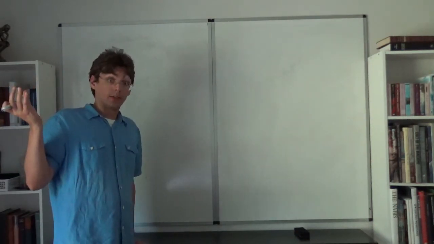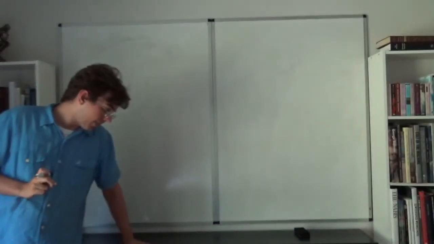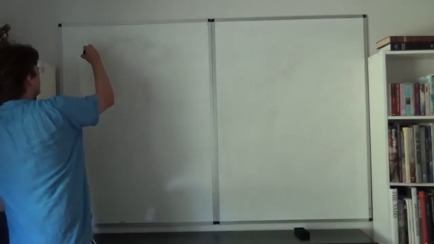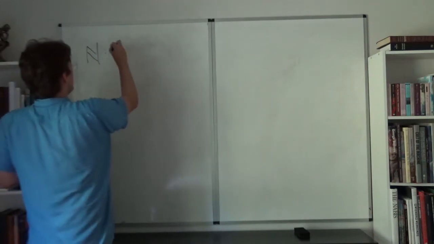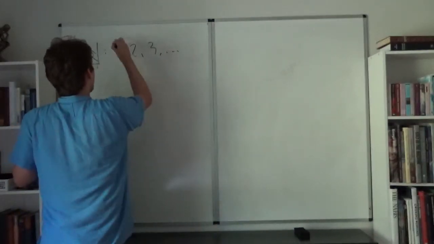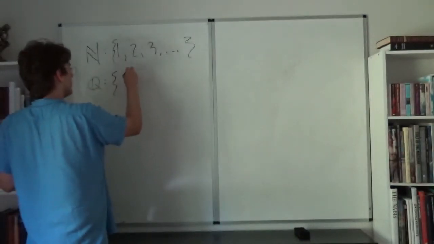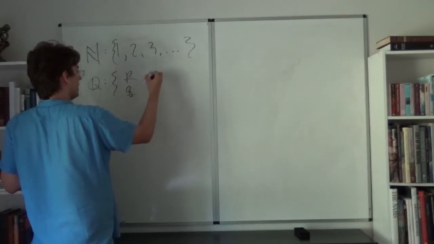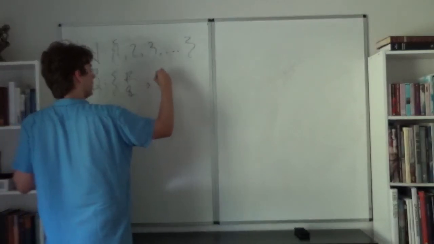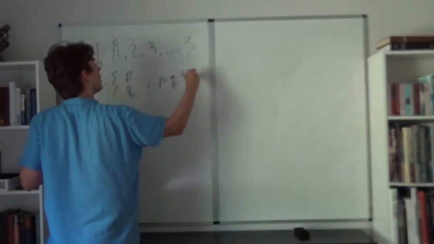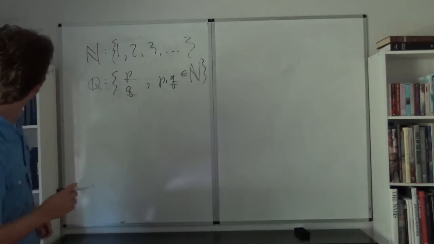He obviously doesn't mean in the sense of counting, like regular counting. That's not the sense that he meant. But let's put it this way. We have sets like the natural numbers, okay? This 1, 2, 3, so on. We have sets like the rational numbers, which are basically everything where you can write it as a ratio of 2 integers, P over Q, where P and Q are elements, that's what that little element symbol means, of the natural numbers.